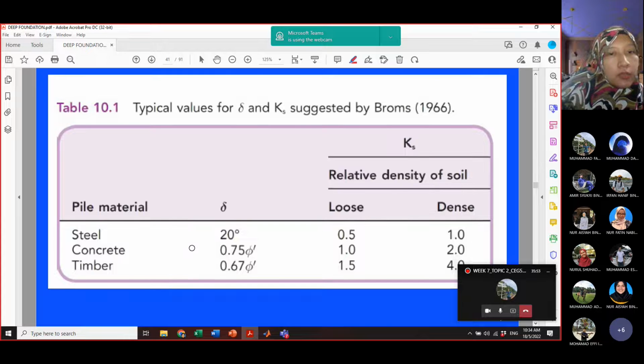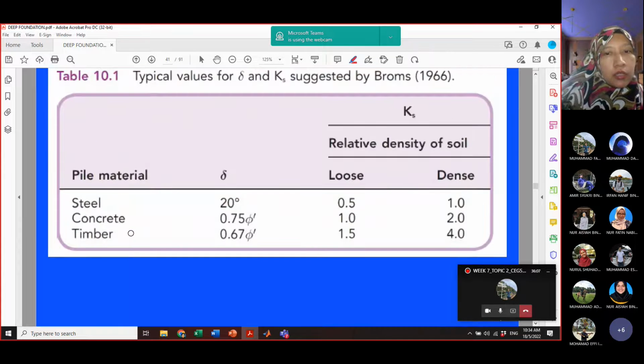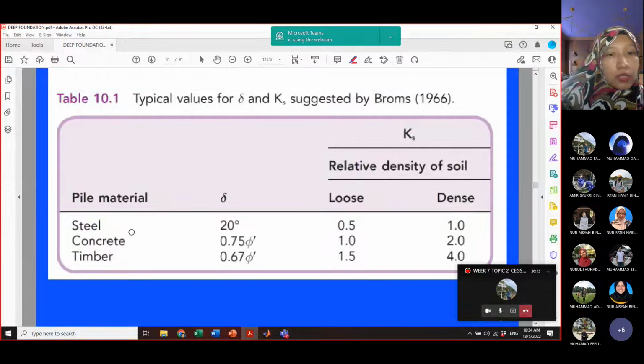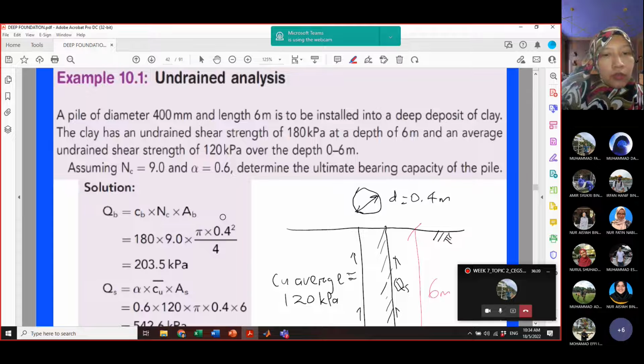Okay, similar to previous table, cuma yang ni dia lebih extended lah untuk various type of pile material. Contohnya steel ke, concrete ke ataupun timber. Okay, I hope that there is no problem for you to find delta ataupun Ks. Bergantung kepada informations and look at the table closely in order to find what is the coefficients for all the parameters given in the formula.